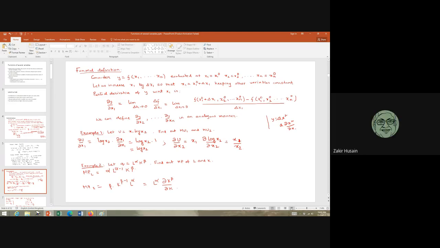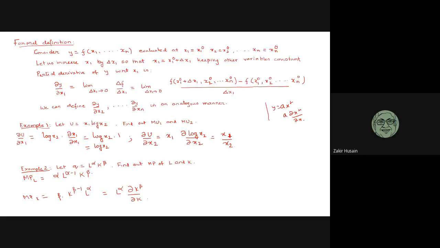So a more formal definition is like this, that we have a function y equal to f of x1 to xn, and we evaluate this at a certain point. Okay, so let us now increase only x1 by del x1. So what is the new x1 now?